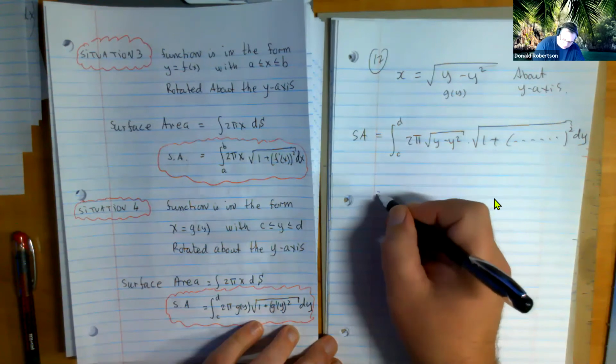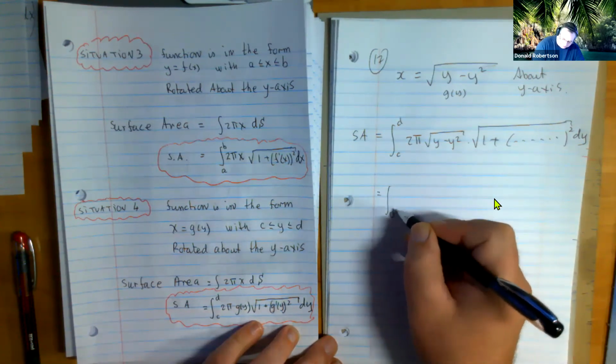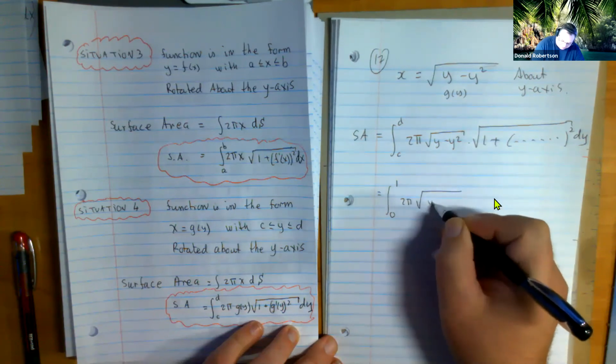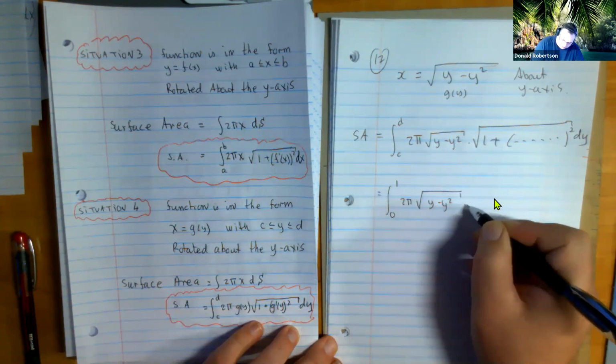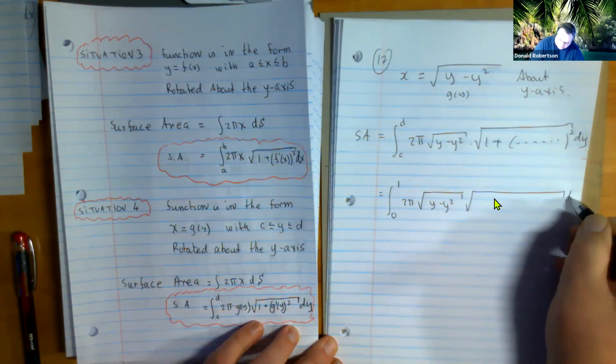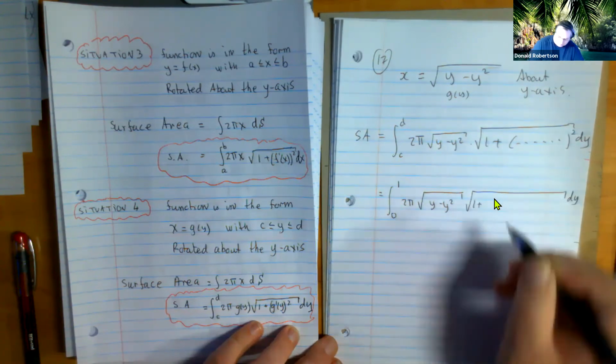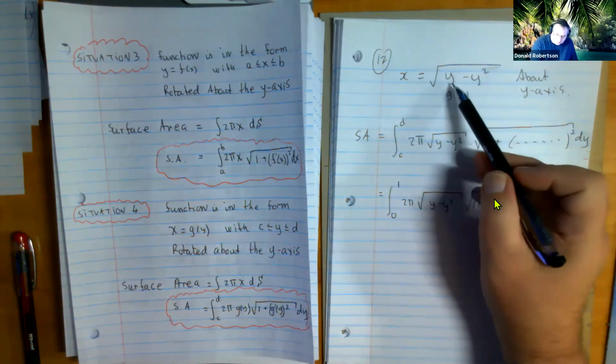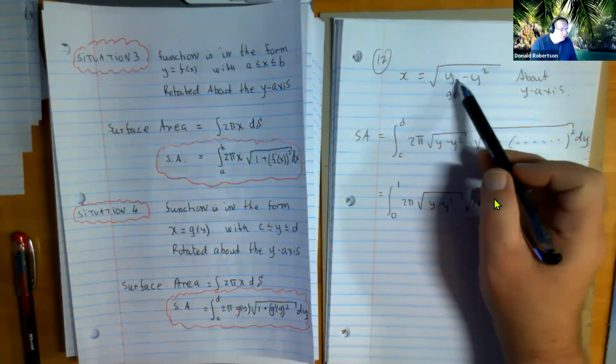I'm going to tell you that the start is 0 and that the finish is 1. How do I know that? I could have guessed, but I didn't. There's a reason why the y values can only go from 0 to 1.